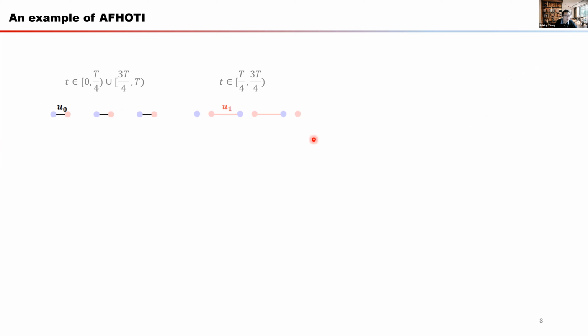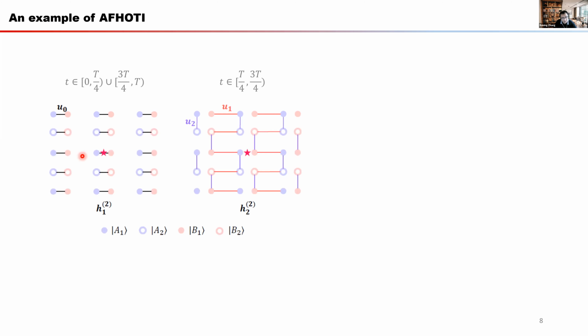But for our purpose, we want to construct a 2D topological state. This can be achieved by simply doing a coupled chain construction. Basically, we just take these chains and couple them together. By the way, this model consists of two parts. The first part is constructed by all these trivial chains, and it lives in this time interval.